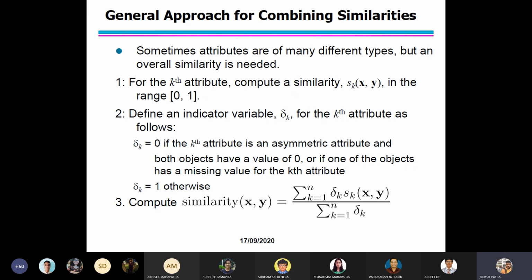Now what happens is, suppose one object is described with a set of attributes, as I said at the beginning of this class. One attribute might be ordinal, another numeric, another something else. What do we want? We want a single value, not a vector, for computing similarity between a pair of objects.